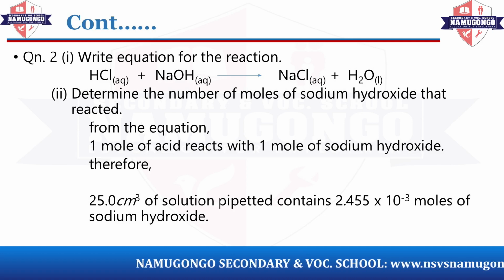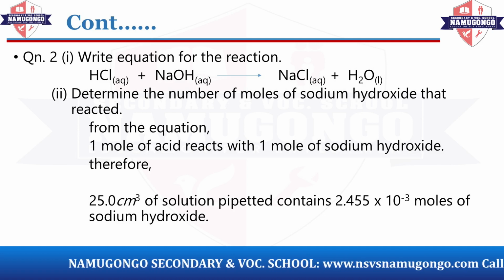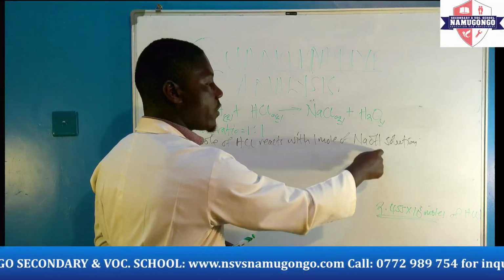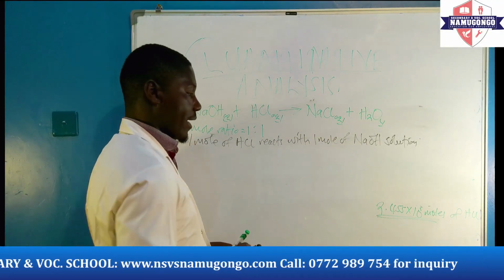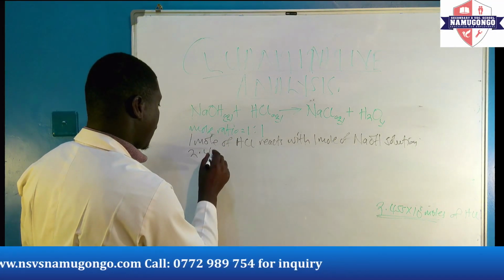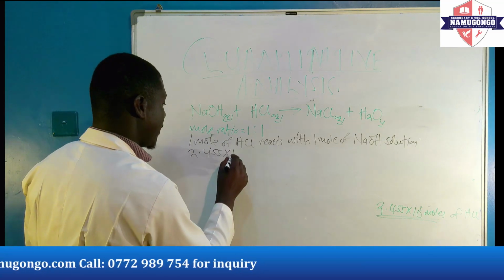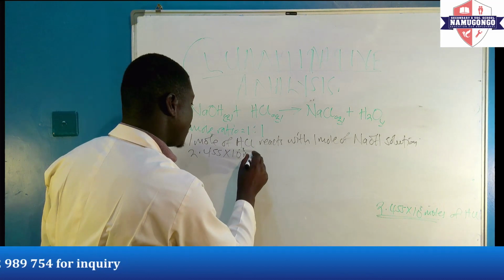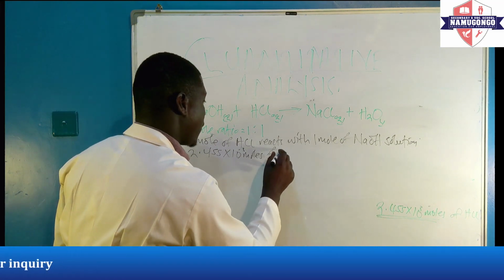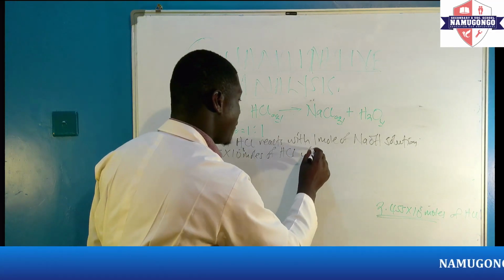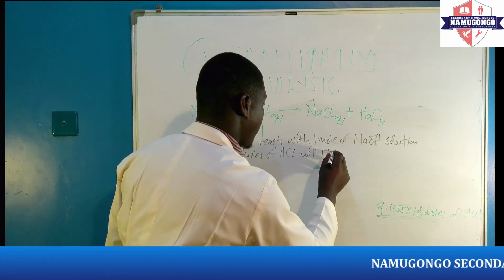If that is true, therefore we can also bring these moles of hydrochloric acid and find out how many moles of sodium hydroxide they can react with by saying, what about the 2.455 exponent negative 3 moles of hydrochloric acid, will react with how many moles of sodium hydroxide?